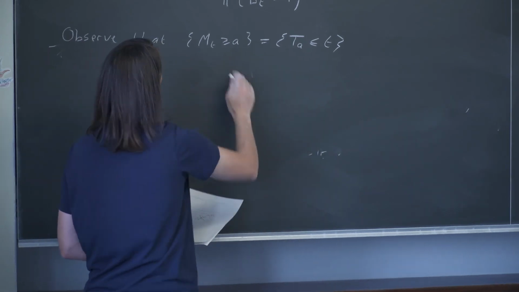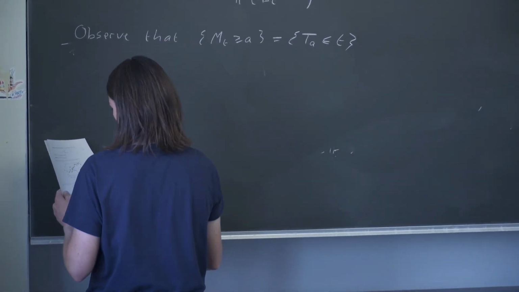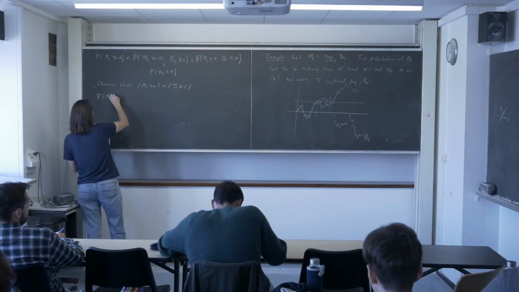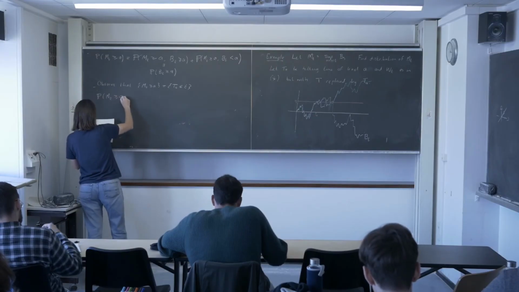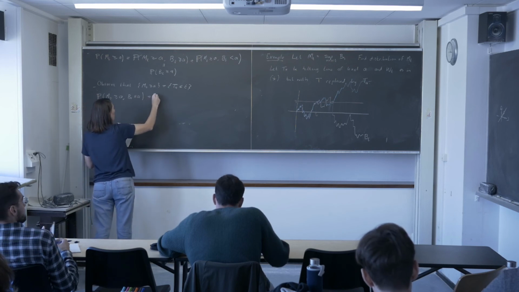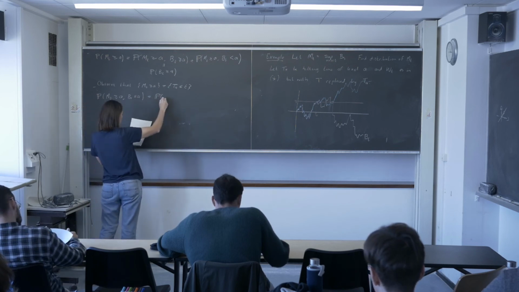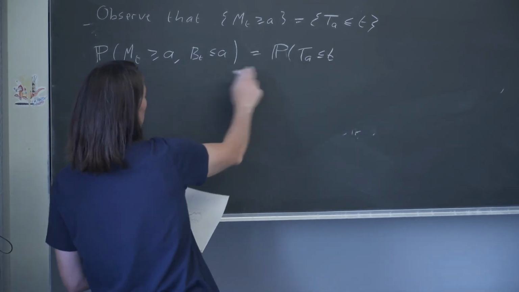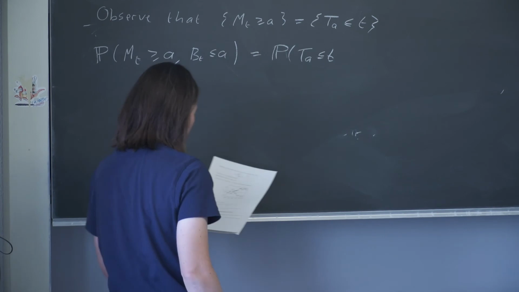So these two events are the same. And so the probability that M_T is greater than or equal to a and B_T less than or equal to a is just equal to the probability that T_a is less than or equal to t and B_T less than or equal to a. I've just replaced one by the other because these two events are identical.